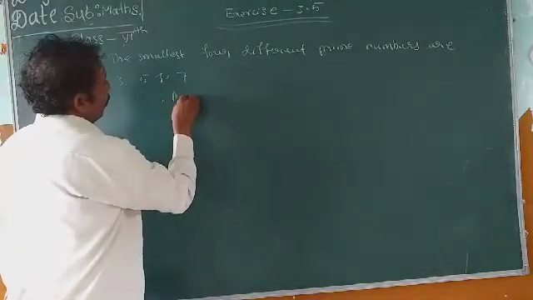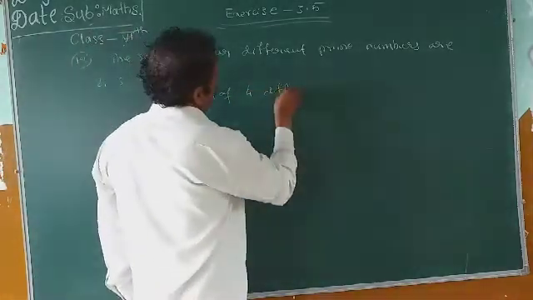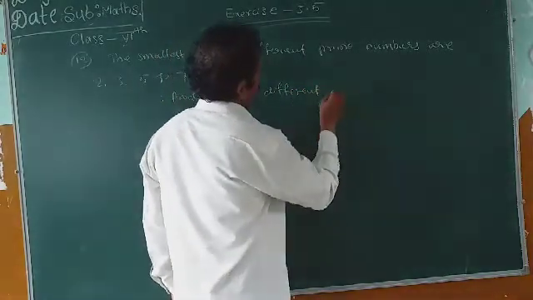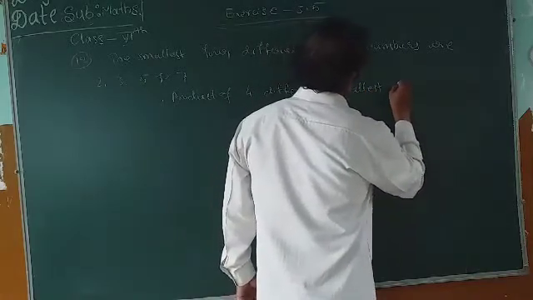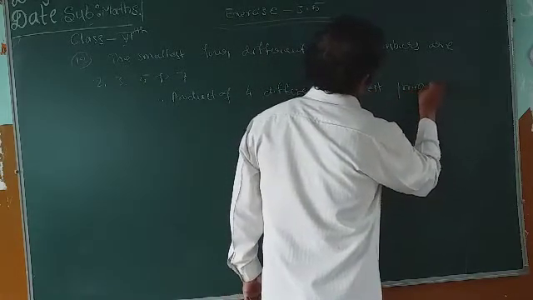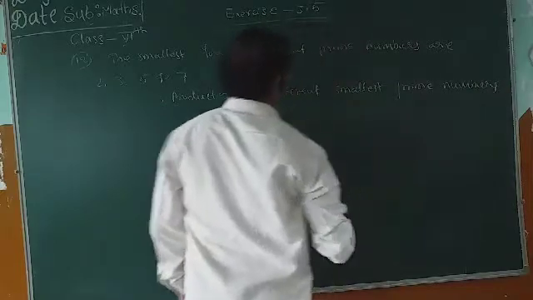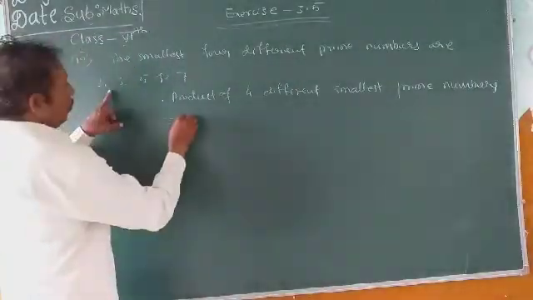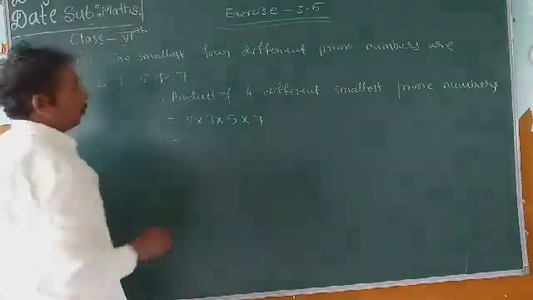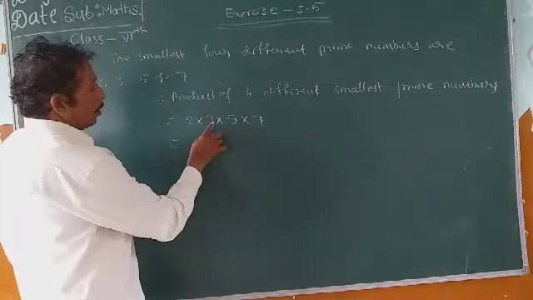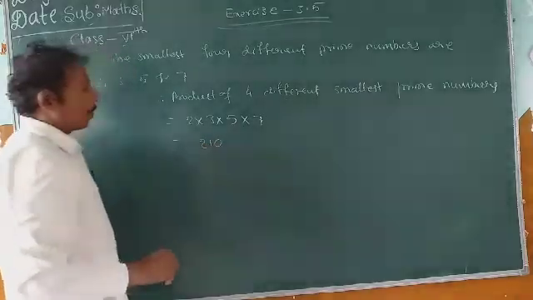Therefore, the product of the 4 different smallest prime numbers is equal to 2 into 3 into 5 into 7, that is equal to 2 3s are 6, 6 5s are 30, 30 into 7 is 210.